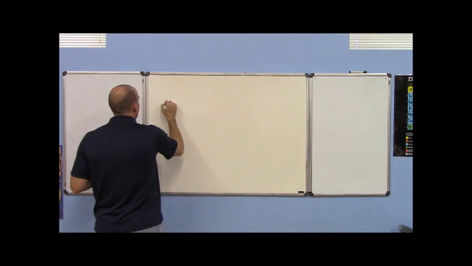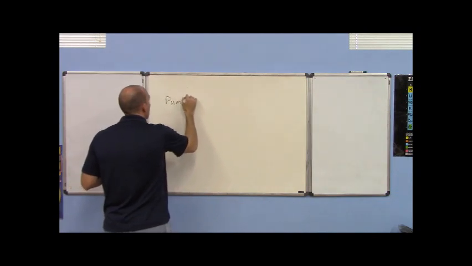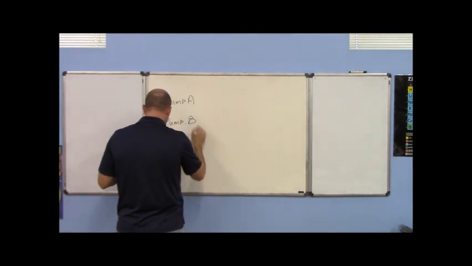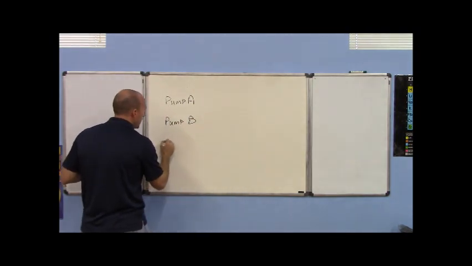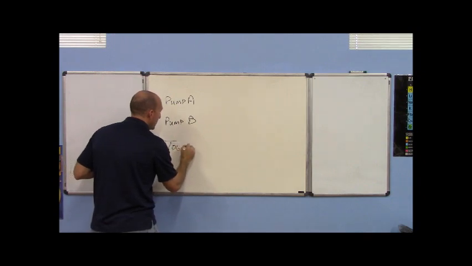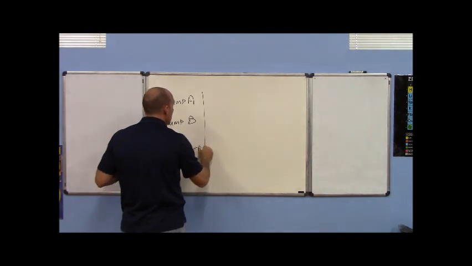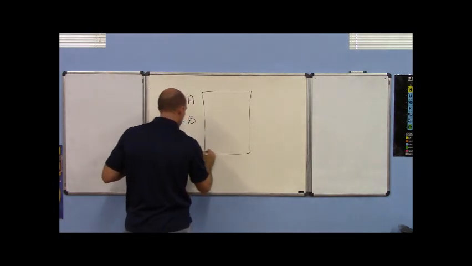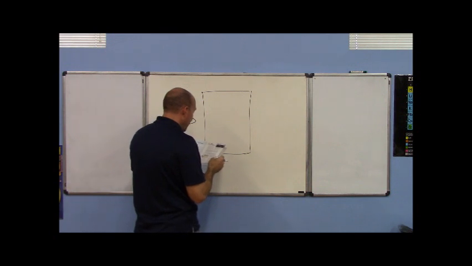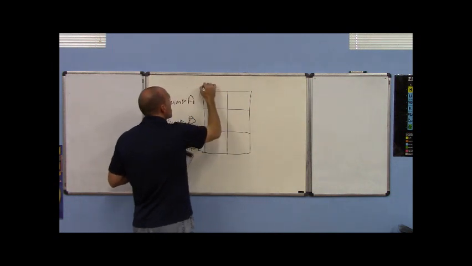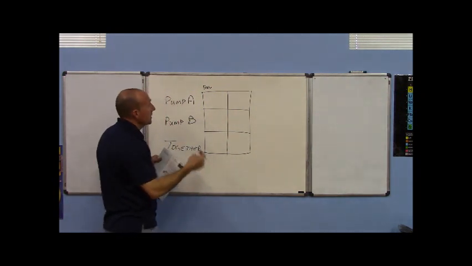So we have pump A and pump B. And then we're going to be considering what happens when they work together. And we're building our chart from this. Now, we have information explaining how many hours it takes to do the job.